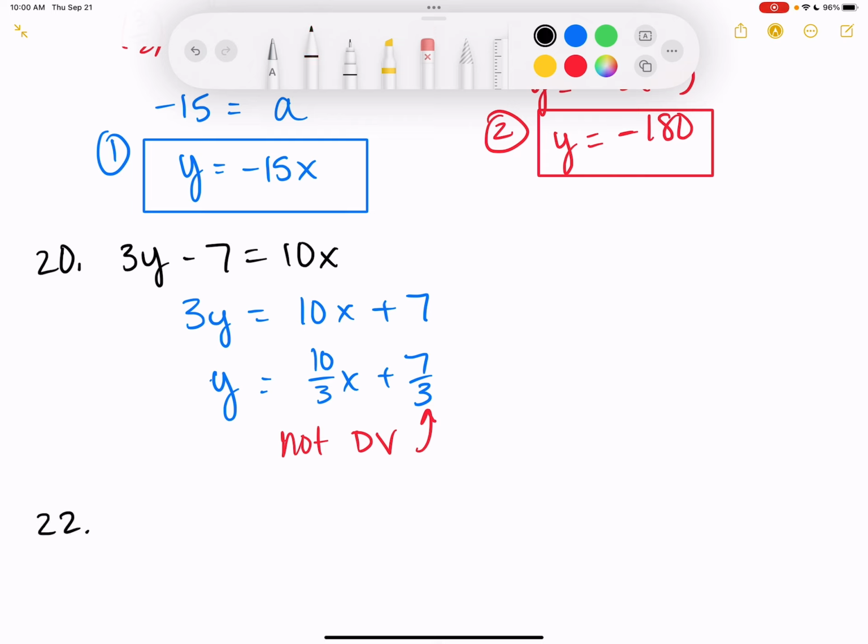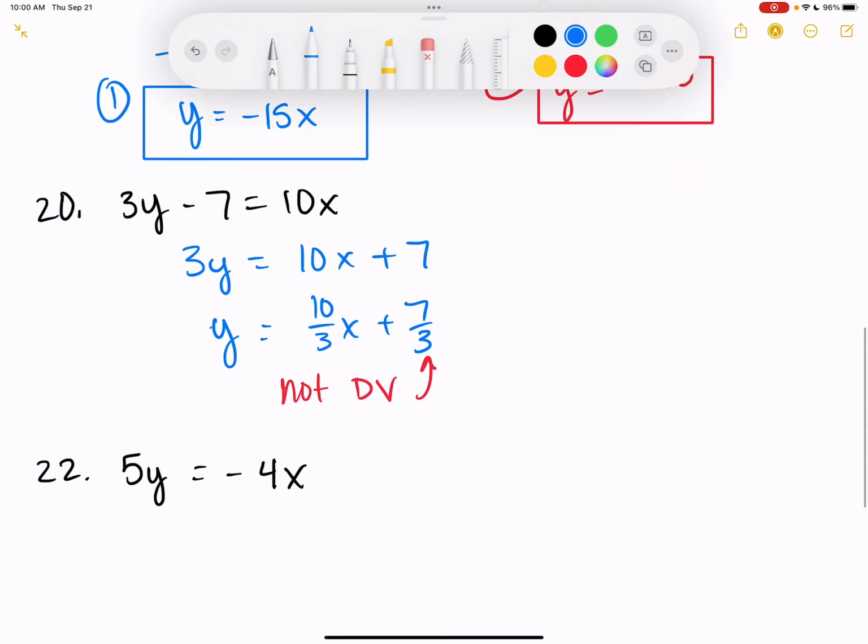Let's do one more of those. 22, 5y is equal to negative 4x. So I need to get y by itself. So y equals negative 4 over 5 x. So this is direct variation, yep.